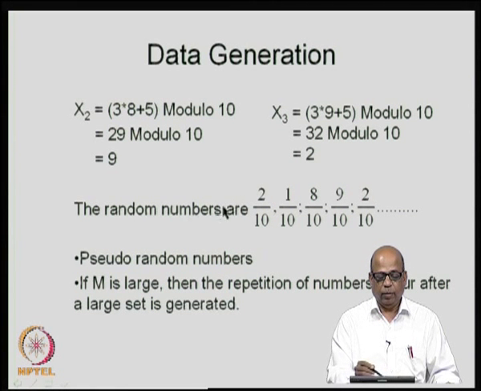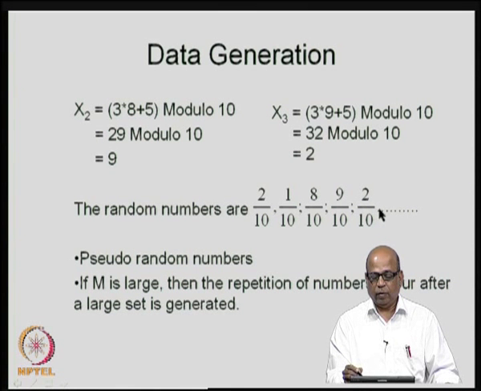So, the random numbers will be 2 by 10, 1 by 10, 8 by 10, 9 by 10, 2 by 10 and so on. Once this number repeats here, this is 2 by 10, because you are using the same constant values as mentioned earlier, your sequence repeats.